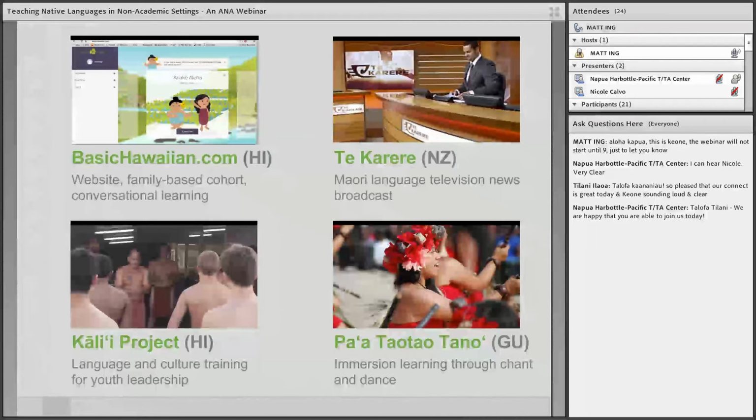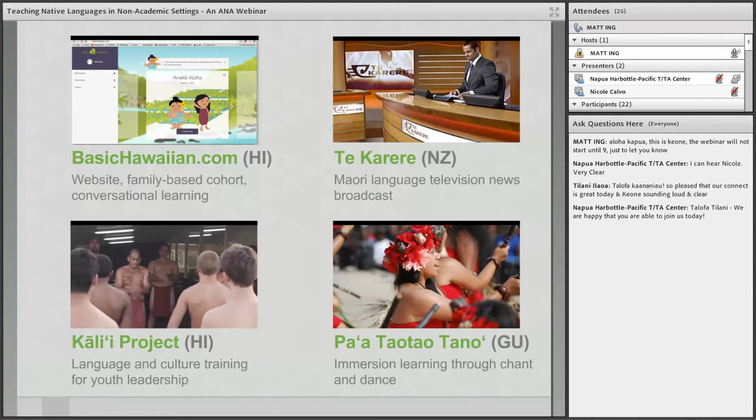Some of the things that are already being done now that are very important and have been making an impact on language learning outside of the classroom are things on this screen. You have web-based family learning.